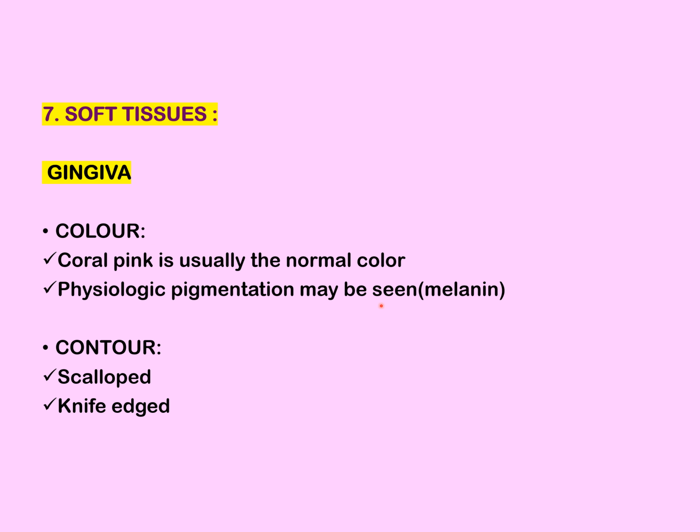In class 3, marginal tissue recession is seen which extends to or beyond the mucogingival junction along with partial root coverage. In class 4, there is marginal tissue recession which extends to or beyond the mucogingival junction and root coverage cannot be anticipated after treatment.